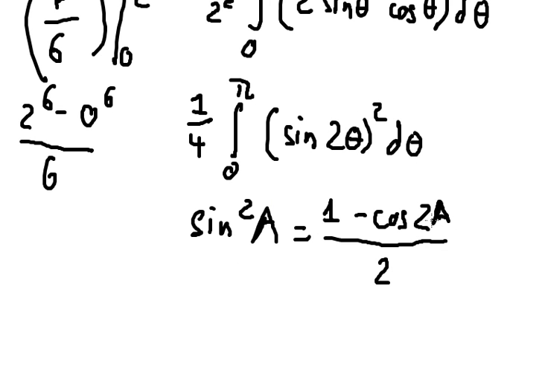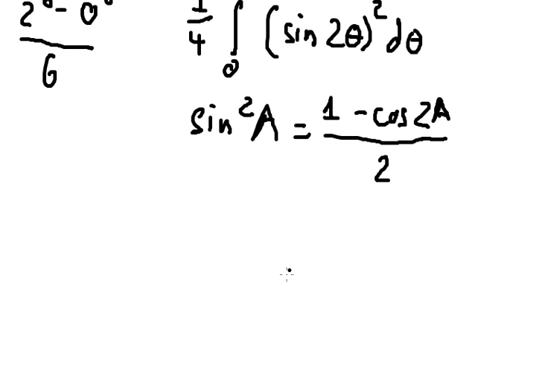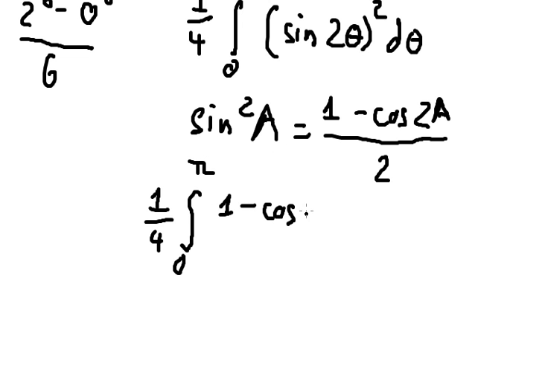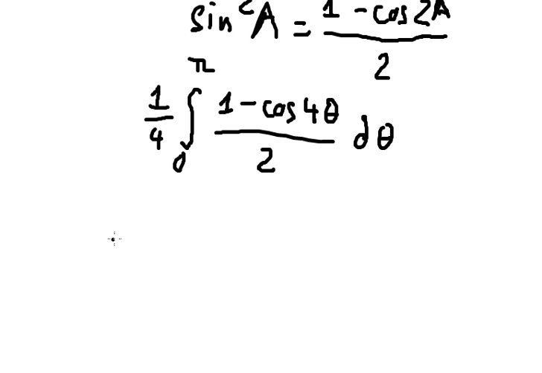So 2 theta multiplied by 2, we have 4. And this one is 1 minus cosine 4 theta over 2 d theta. So 2 and 4 we put outside, so we got 1 over 8.